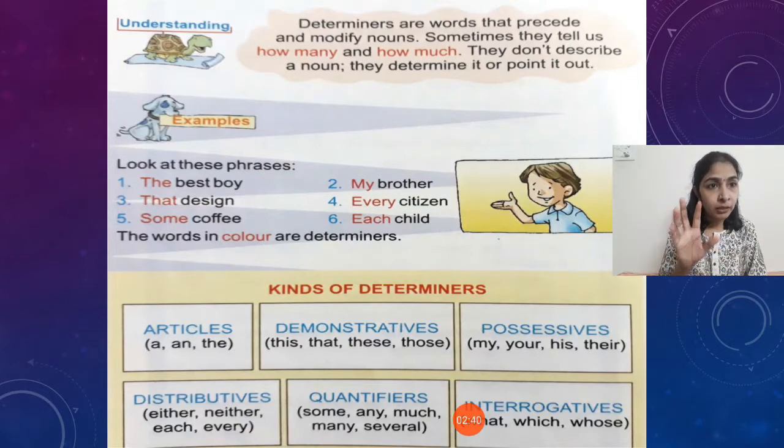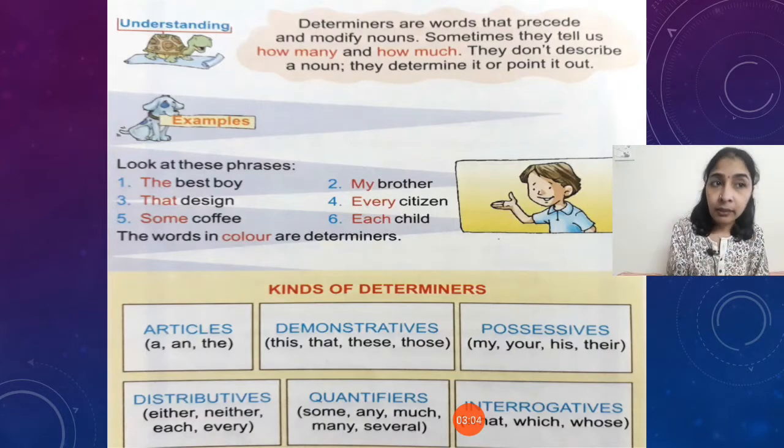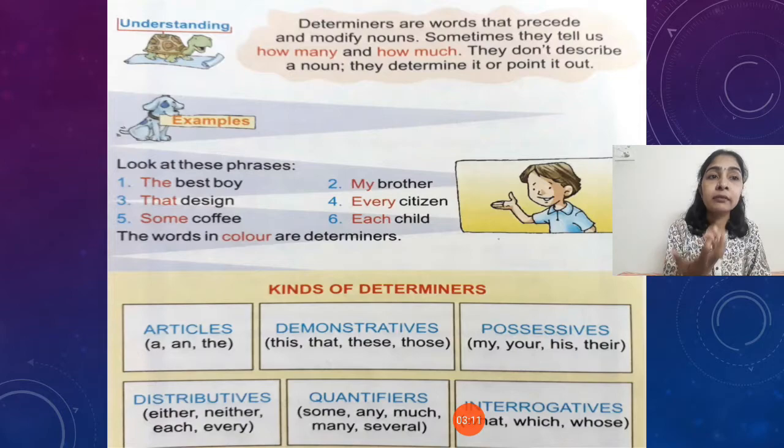Determiners don't describe it, but they point it out. Even with quantity, they are not actually telling the quantity. We already know the quantity, they are pointing out that particular quantity. So these are the determiners which precede and modify the noun. They point out the noun in the sentence and tell something about it.